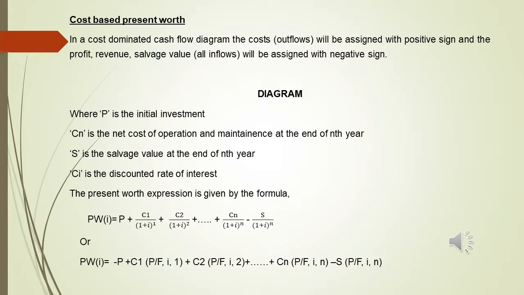Once you complete, you rewrite that like PW of I is equal to P plus C1 P by F comma I comma 1 plus C2 P by F comma I comma 2, plus till n, Cn into P by F comma I comma n minus S into P by F comma I comma n.